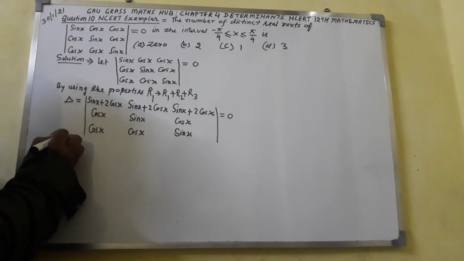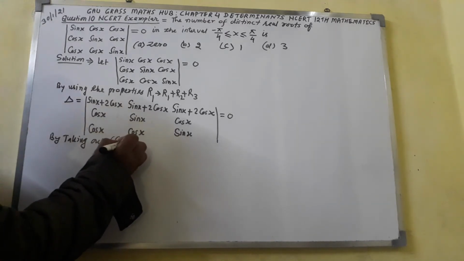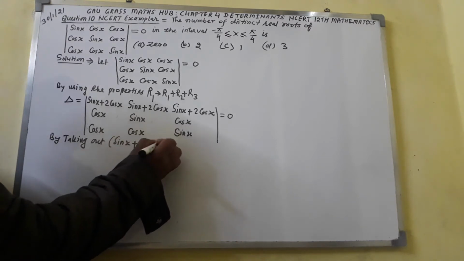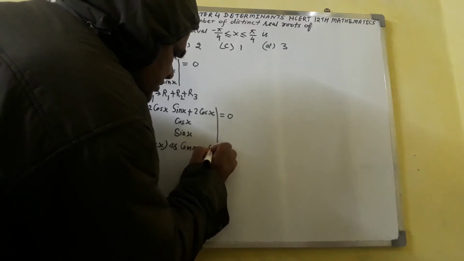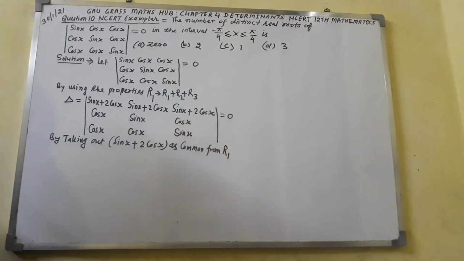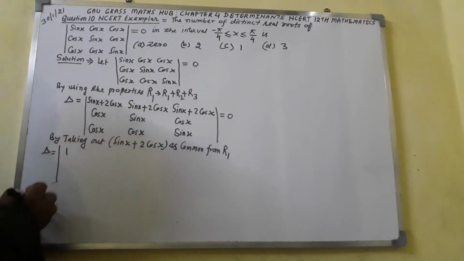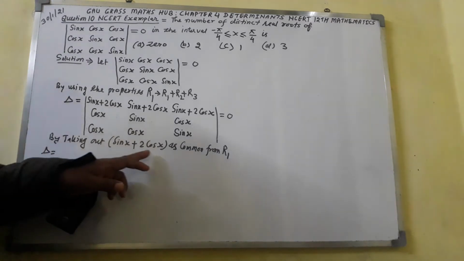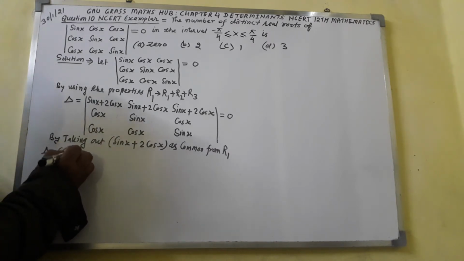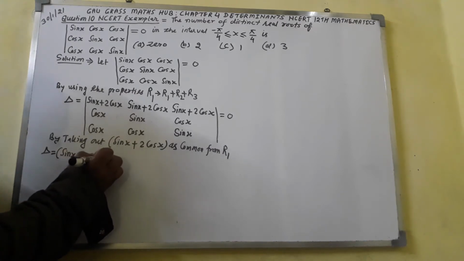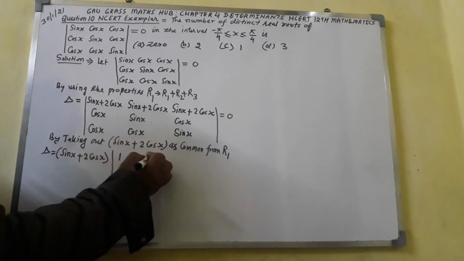So here I shall write, by taking out sin x plus 2 cos x as common from R1, the determinant equal to sin x plus 2 cos x times the determinant whose first row elements will become 1, 1, 1.